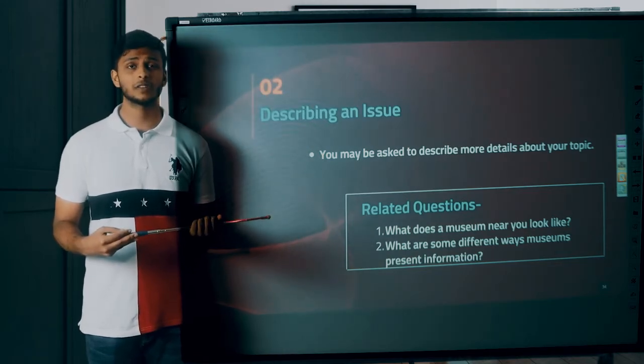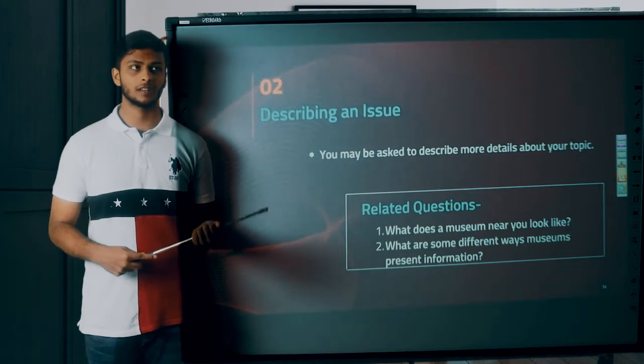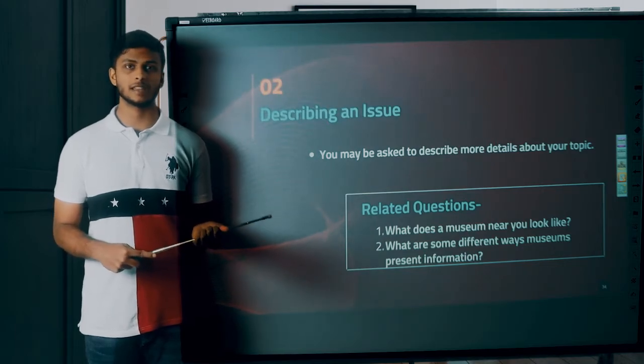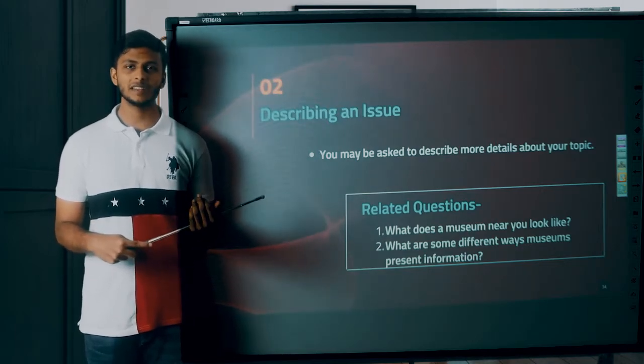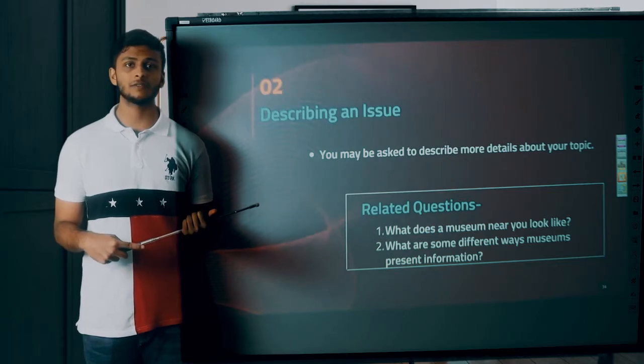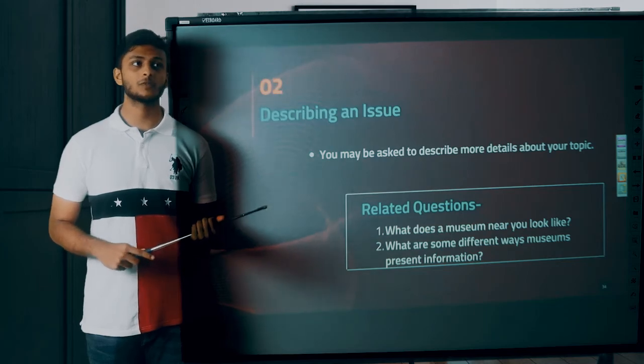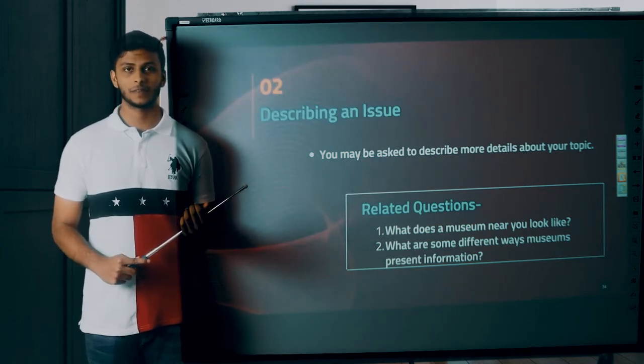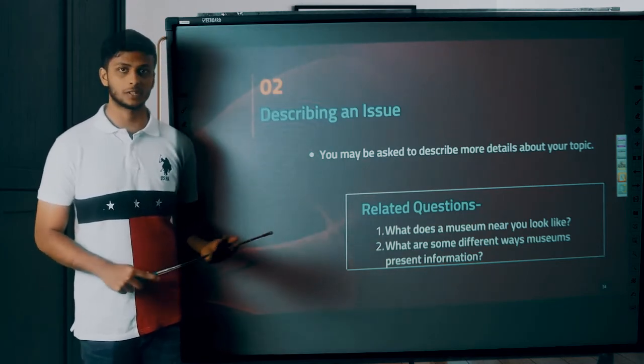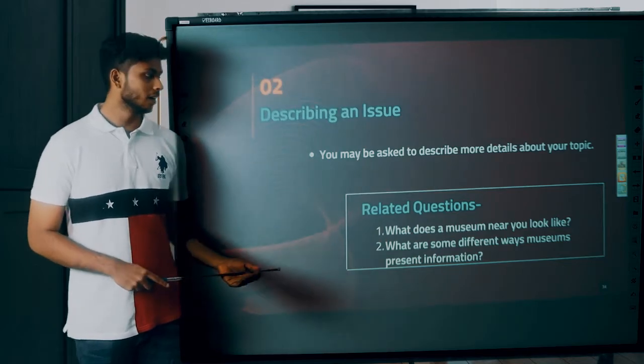Maybe a shape or a picture you're describing in your own words, how it looks, and so on. So describing is something you say from your personal feelings, and explaining is like giving information that could be personal or impersonal. Okay, so let's look at some related questions so it will get more clear.